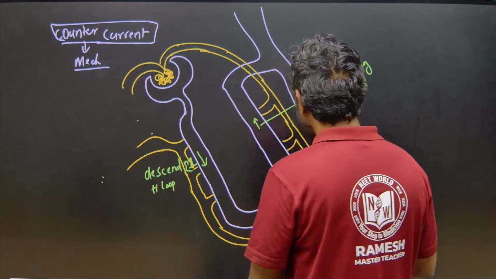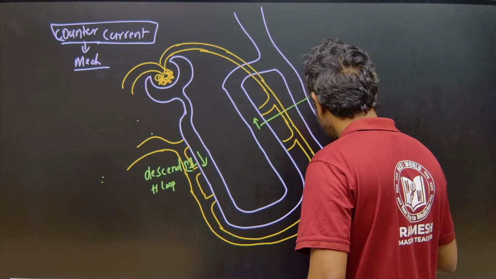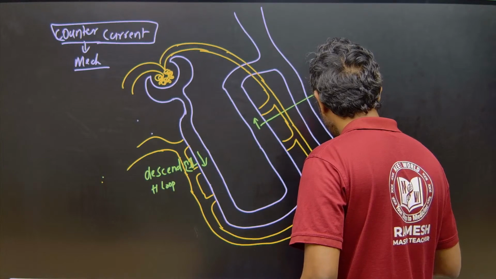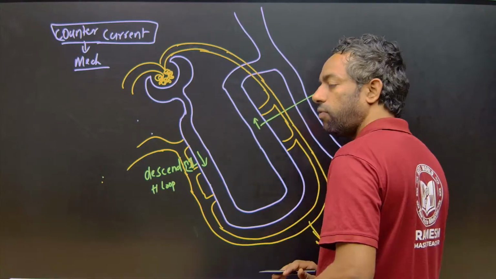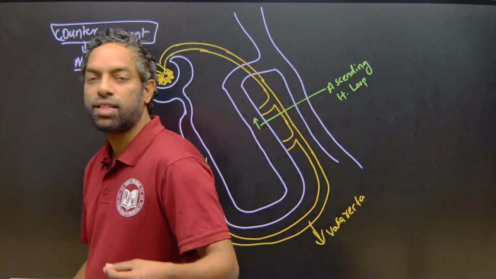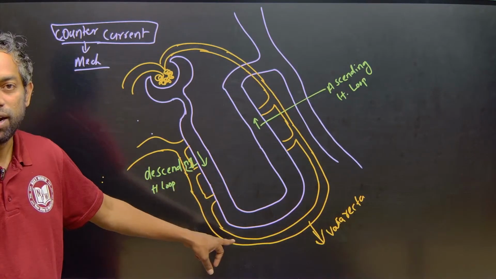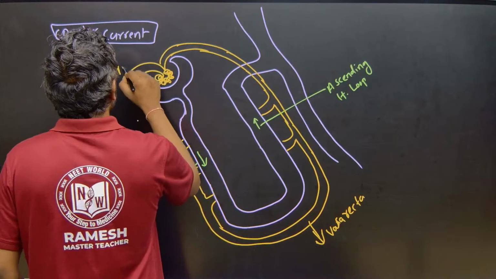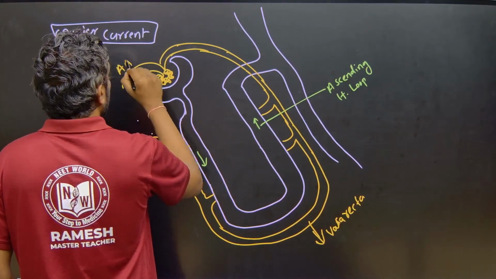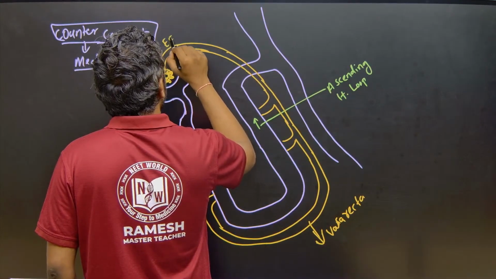This is the Vasa recta. Vasa recta is nothing but the peritubular capillary around the nephron. Here the efferent arteriole becomes a capillary, and again forms an efferent arteriole.